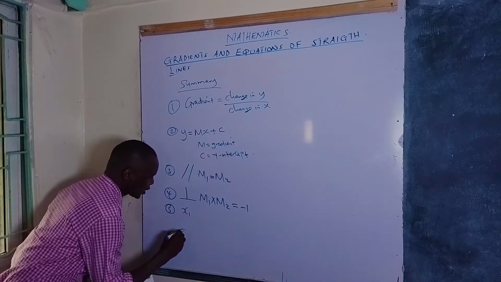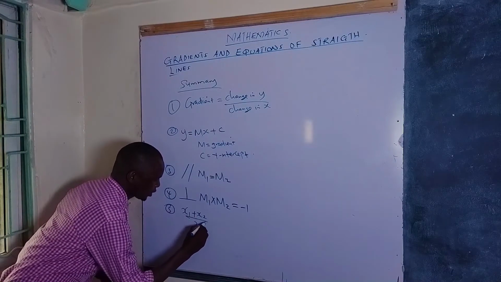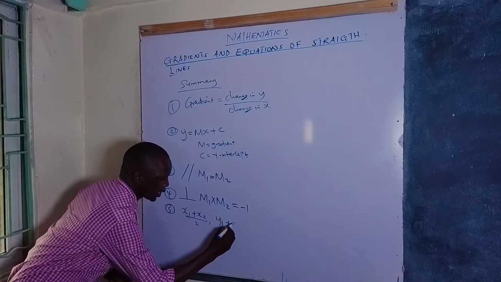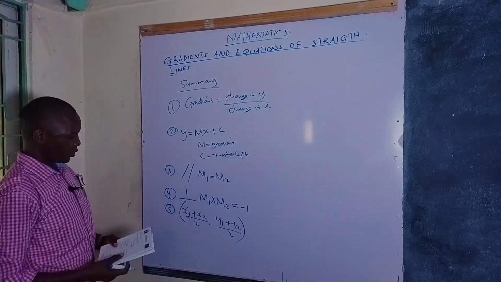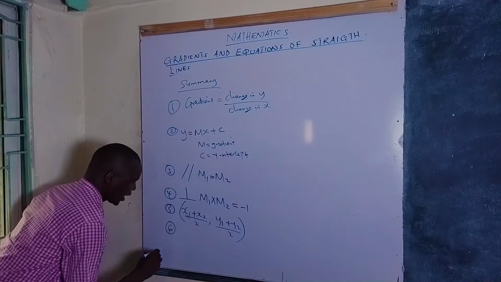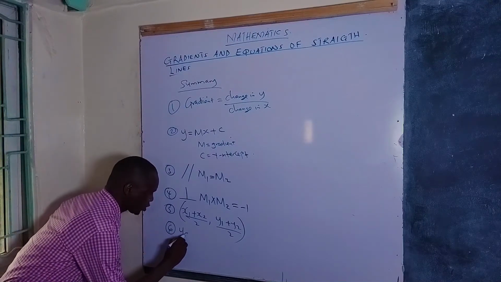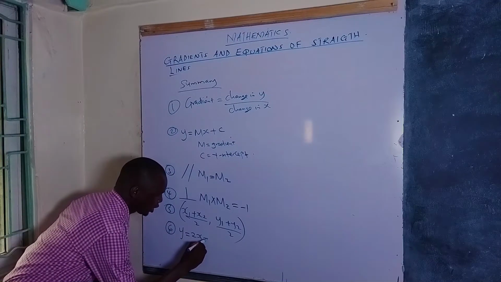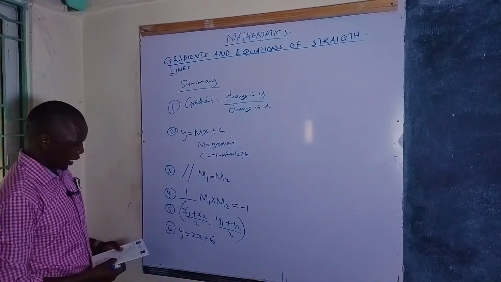To get the midpoint, we take x1 plus x2, divide by 2, then y1 plus y2, divide by 2, and that will give you the midpoint of any given line. The last one is a case where you have been given the equation of a line, for example y = 2x + 6, and you want to find the angle this line makes with the x-axis.